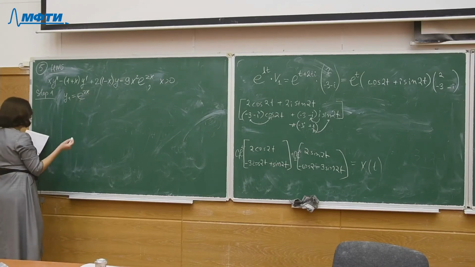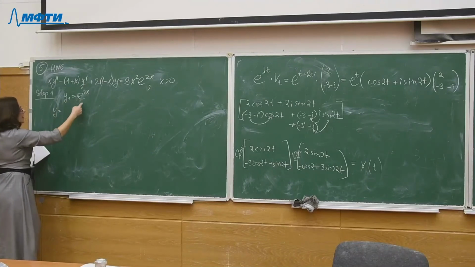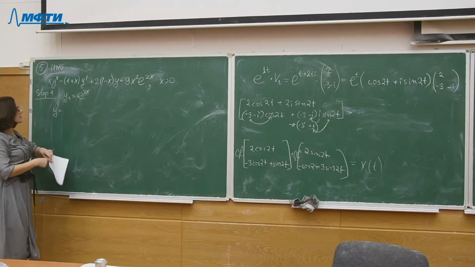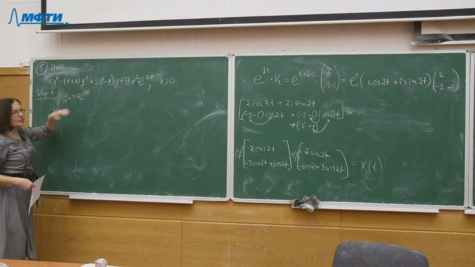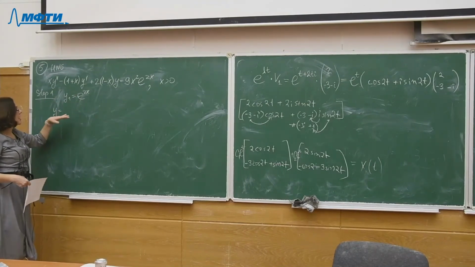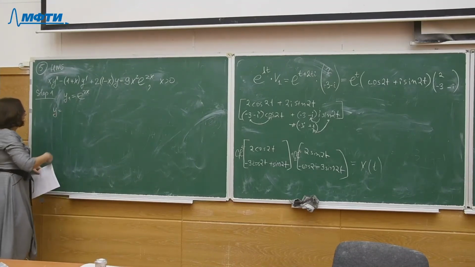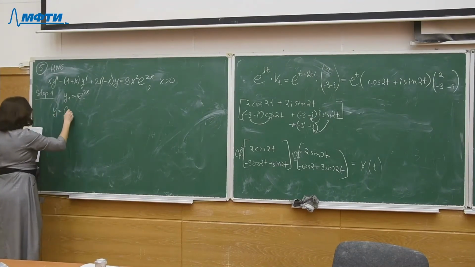Next, using this solution of the associated homogeneous equation, we apply Liouville's formula and find the general solution. But now it is given.